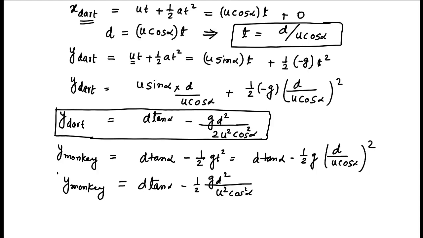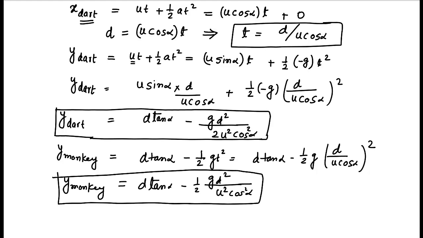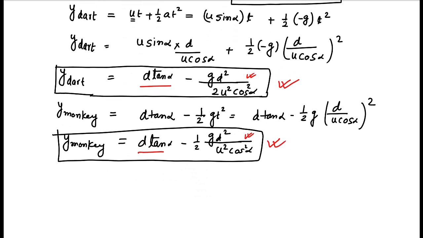Now you see this term, the y-coordinate of the monkey, and the y-coordinate of the dot. This term and this term are the same. The first term is d tan alpha in both, and the second term is simply half g t square, that is g d square by 2 u square cos square alpha. So the second term is also equal. This means y dot is equal to y monkey.